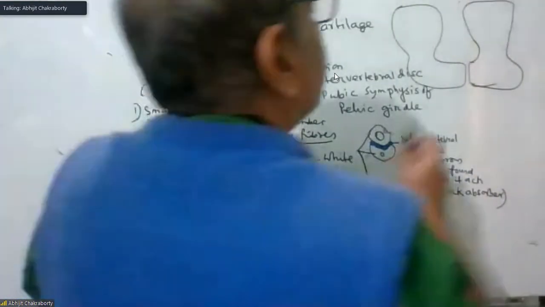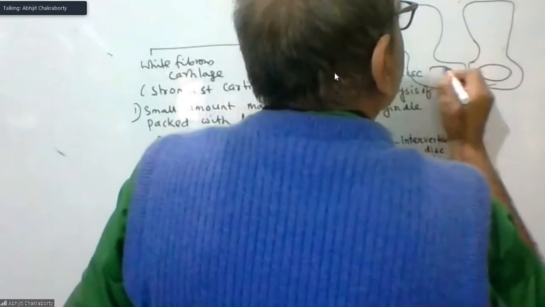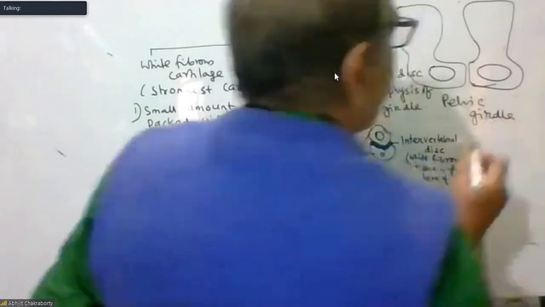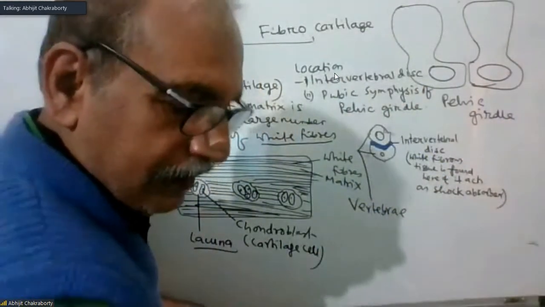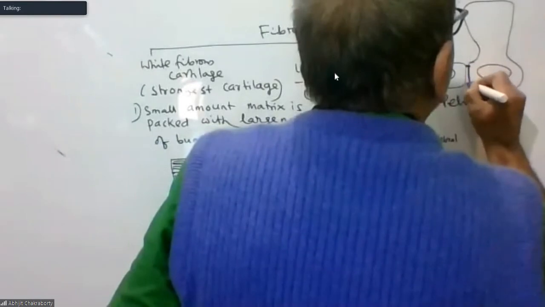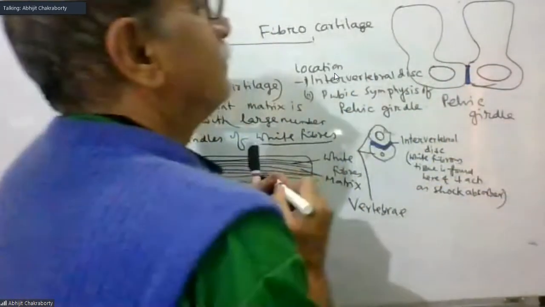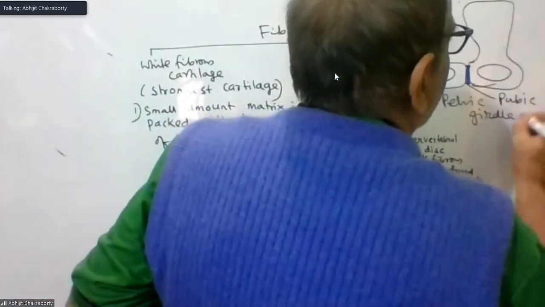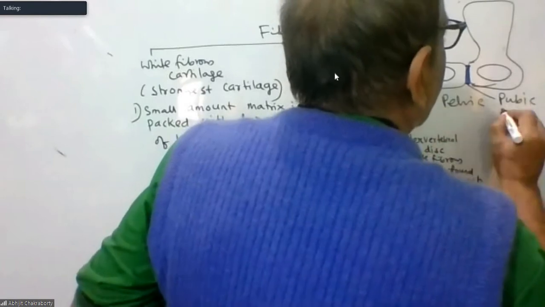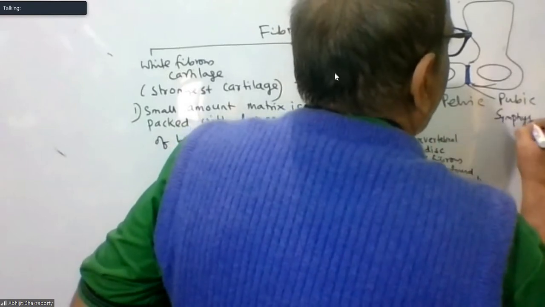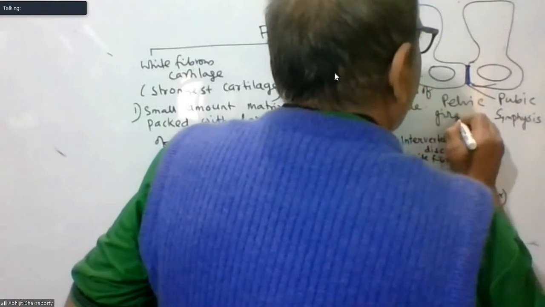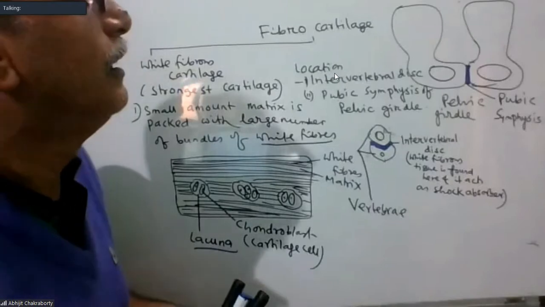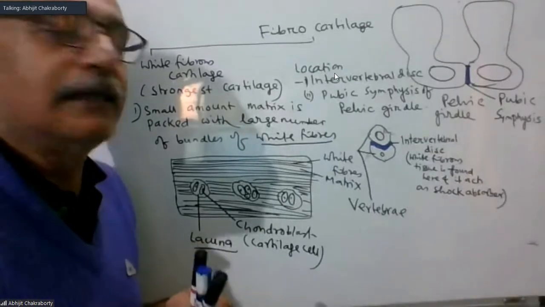This region is the vertebral column. Sorry, this is the pelvic girdle. And here, this region is the pubic symphysis. In the pubic symphysis, you will get white fibrous cartilage.